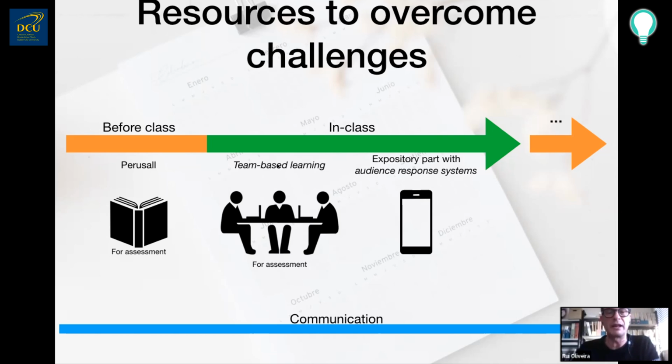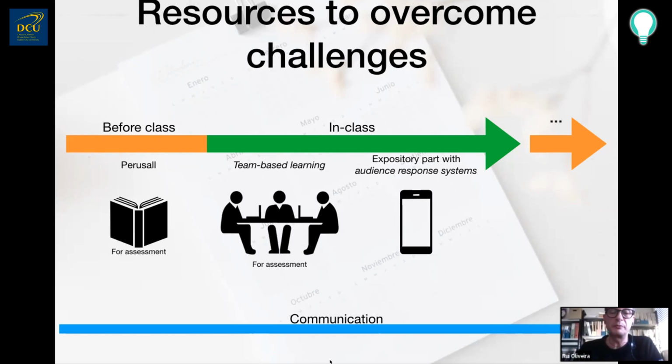And then the rest of the class was expository, based on the subjects that were not included in the reading assignment, with audience response systems, with questions for the cell phones in order for the students to answer. The next class was exactly the same. So this was the basic structure of the classes during the semester.